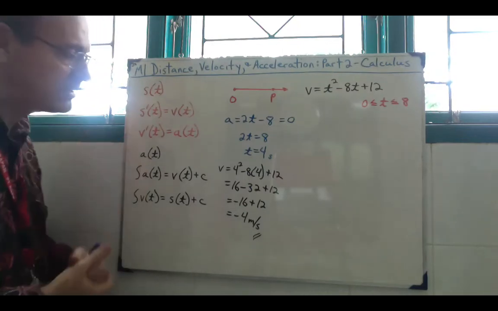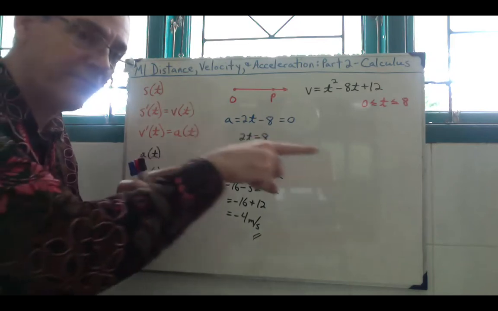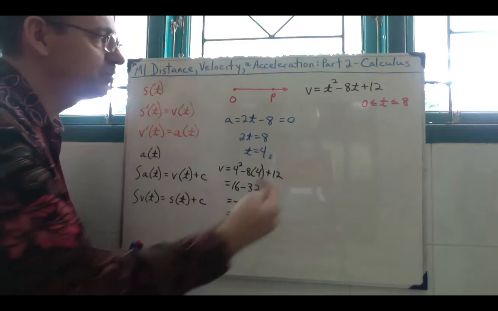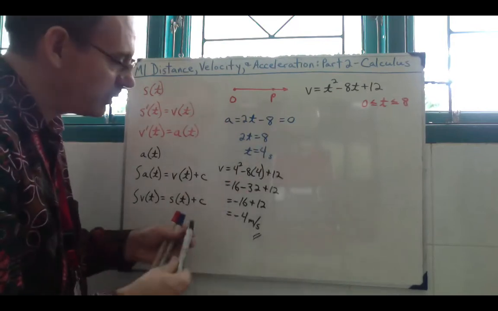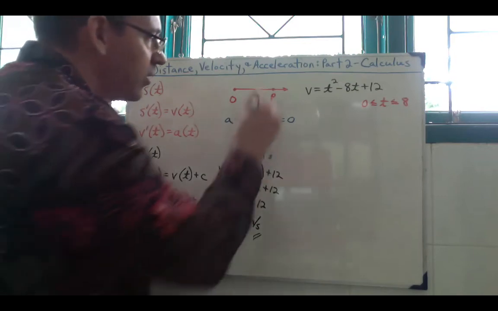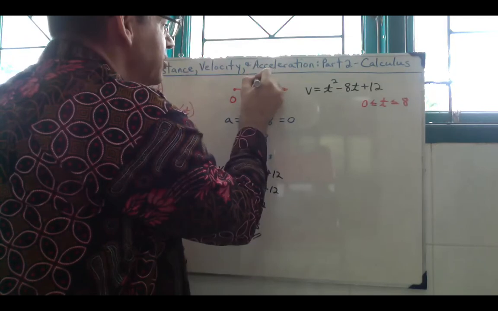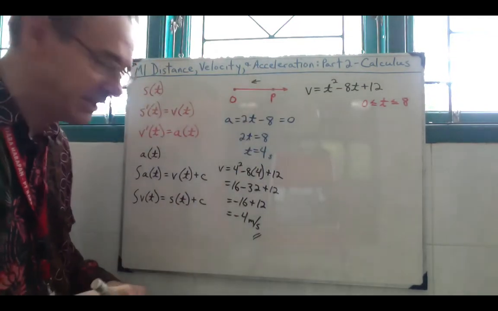Now, with velocity, a positive velocity means you're traveling away from your point of reference. A negative velocity means you're traveling toward your point of reference. So in other words, we've got a situation here where our particle P is actually going back toward the origin.